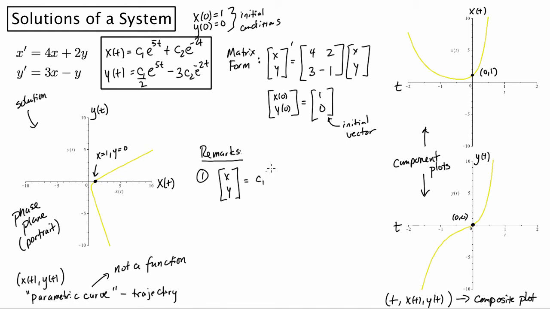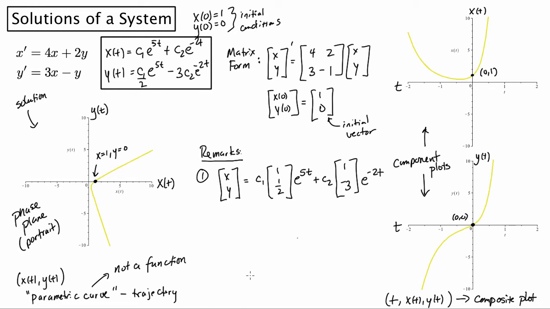And what I mean by that is you have c1, and then if you look at e to the 5t, it's 1 for the top component and 1/2 for the bottom component times e to the 5t. And then similarly for the second one, the scalars are 1 and -3, both of them times c2 and then e to the -2t.